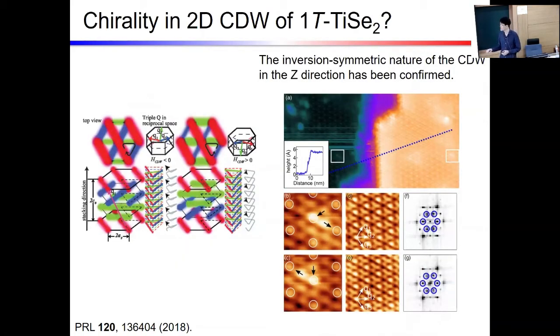Then finally, in 2018, another group did a more careful analysis using the interstitial titanium defects. Actually, this titanium defect can visualize the underlying lattice distortions more clearly.